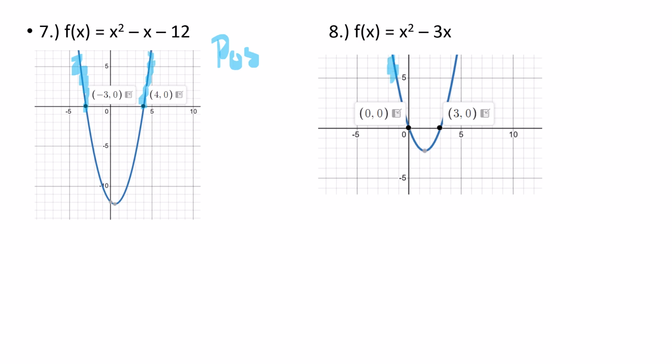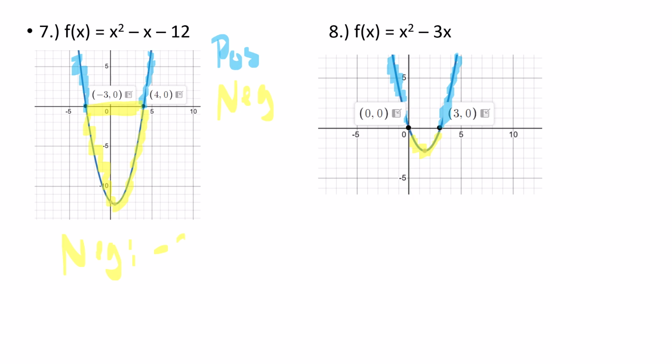Okay. So positive is above the x-axis, and we'll do negative in yellow. So negative is below. Okay, and let's go ahead and do negative. So looking again at the space here between those 2 points, that's where it's negative.